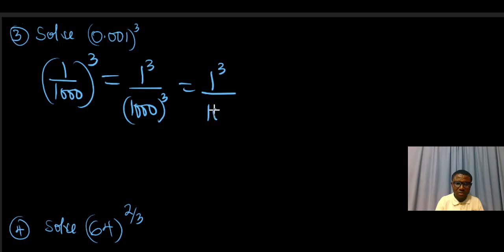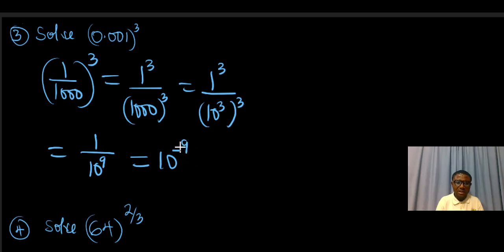So this is 10 to the power of 3 raised to the power of 3 here. So this will give us 1 over 10 to the power of 9, because this is 3 times 3, 9, and this can be rewritten as 10 to the power of negative 9. Don't forget this rule that says 2 raised to the power of negative 1 is equal to 1 over 2. So this is the same thing we are having here.